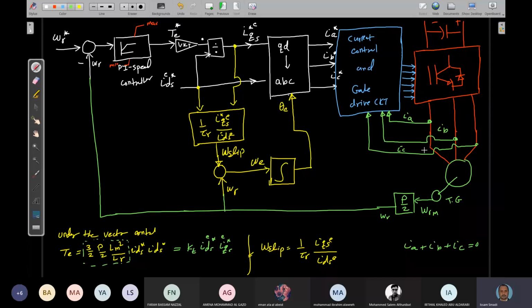This can be seen as a reduction in cost if I reduce the current transducers. Now this is the inverter, a voltage source inverter. And the only block that I need to discuss now is the current control.